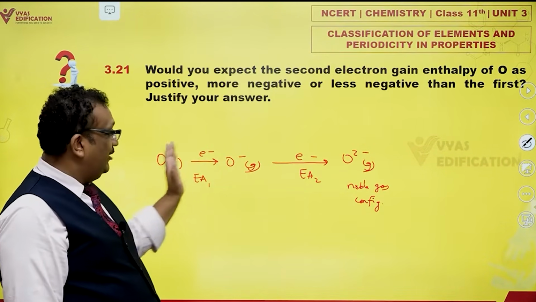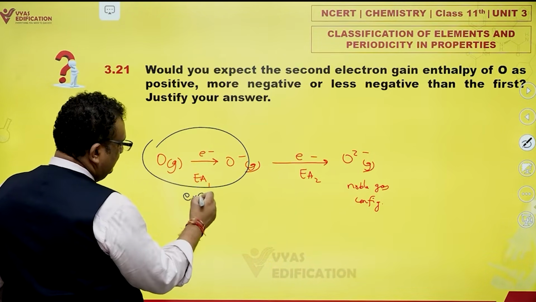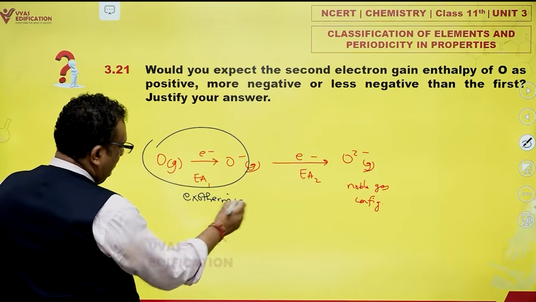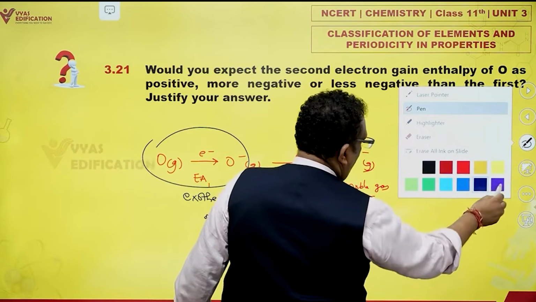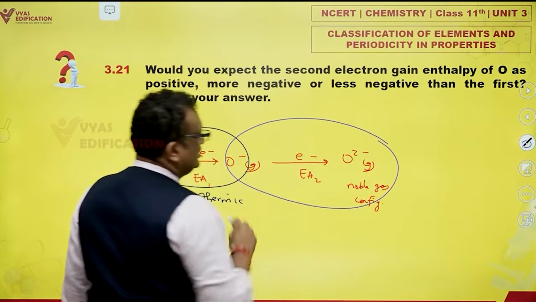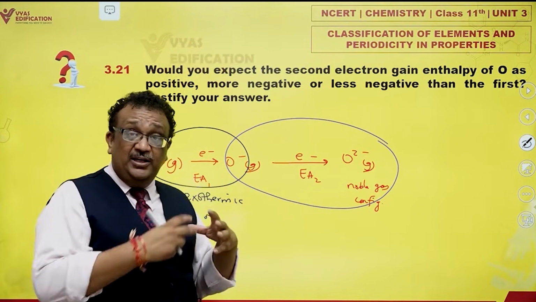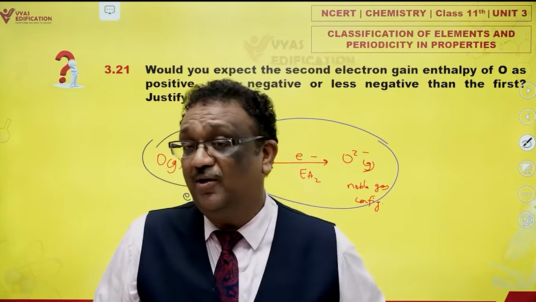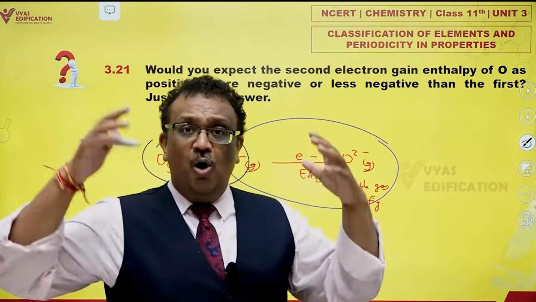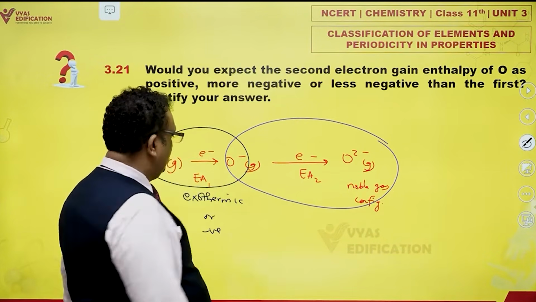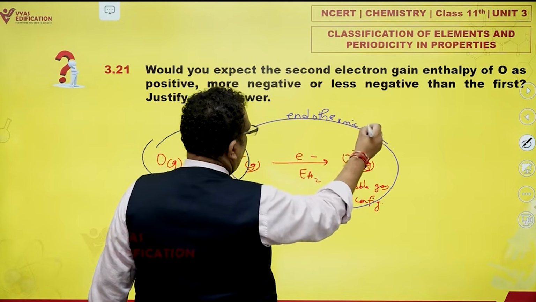There was zero charge, an electron came and formed O minus. So this is exothermic or negative. On the other hand, if you have O minus giving you oxide ion, this second electron has to enter O minus against the electrostatic repulsion of the first electron, and this electrostatic repulsion becomes the most major factor, so much so that it becomes strongly endothermic or positive.